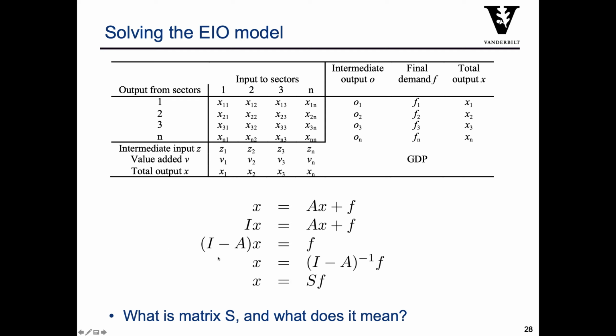In fact, the right matrix to multiply the left-hand side to get rid of this term is I minus A inverse. You multiply it on the left-hand side, and that gets rid of the I minus A term. On the right-hand side, you pick up a term I minus A inverse. And I minus A inverse, you can calculate in Python. It will return another matrix of size n by n, and we call that matrix S.